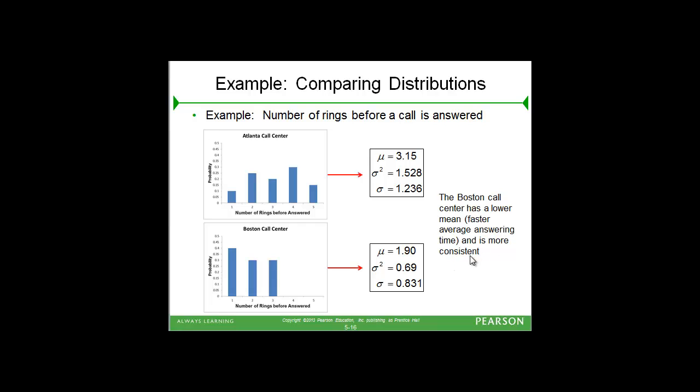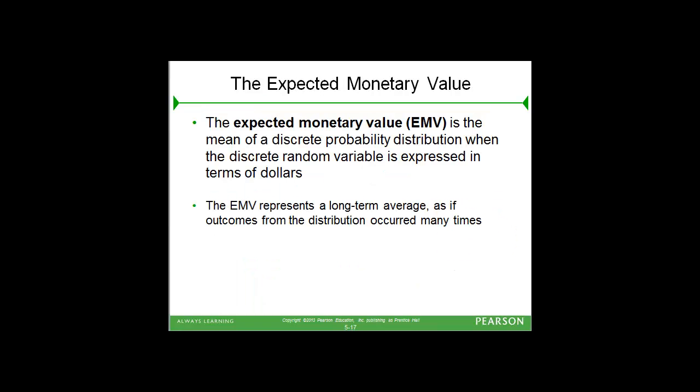Okay, another application. We just mentioned that the mean of a discrete probability distribution can also be called the expected value. Expected monetary value is the mean of a discrete probability distribution when the discrete random variable is expressed in terms of dollars. We call that EMV. EMV represents a long-term average as if outcomes from the distribution occurred many times.